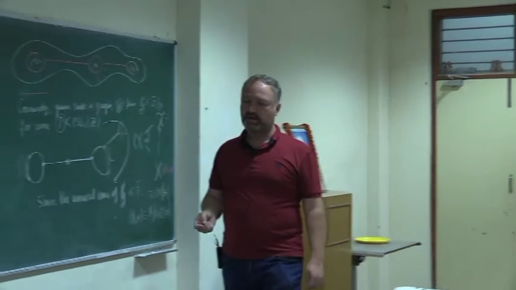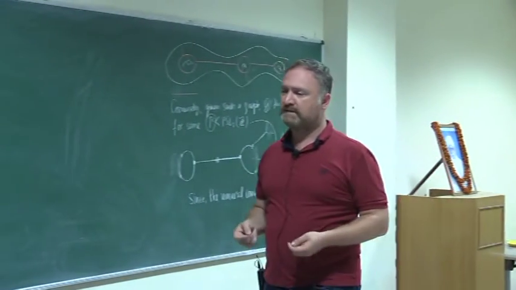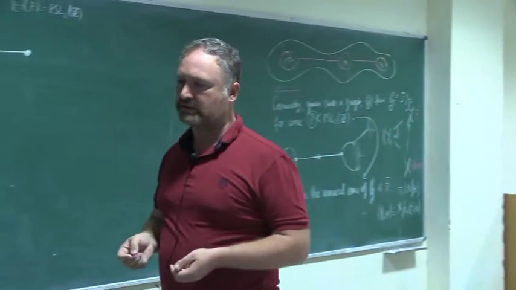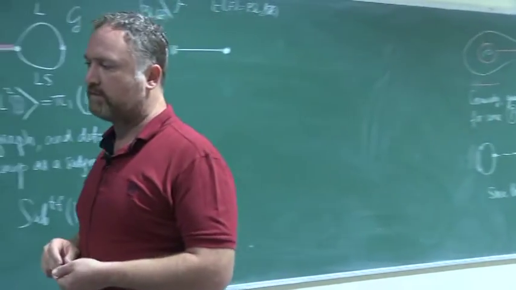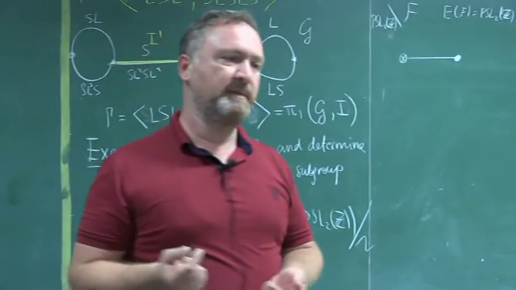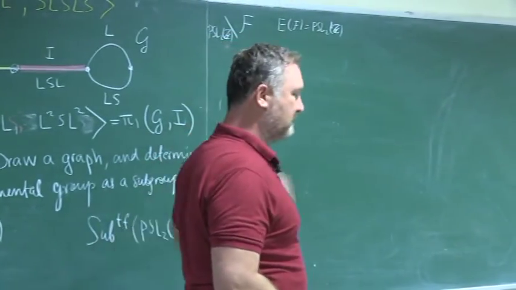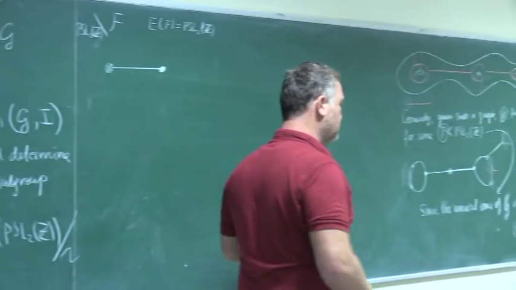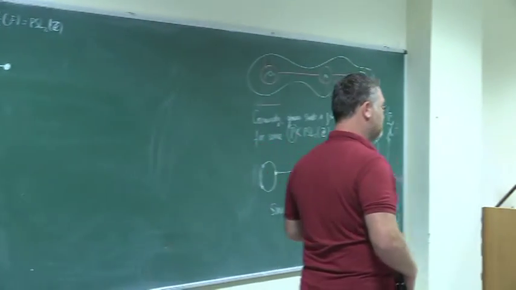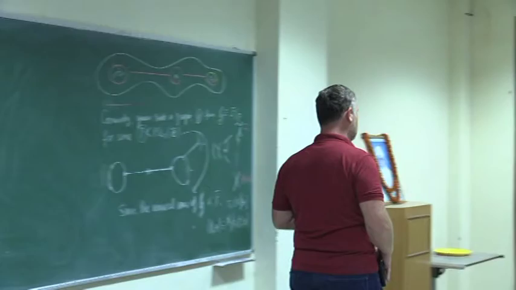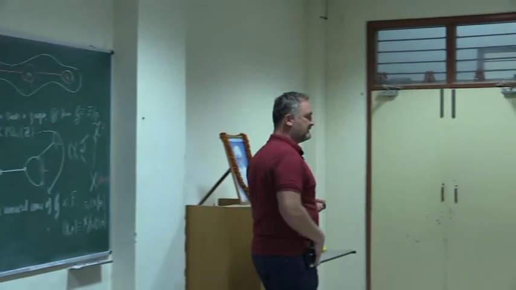In order to do that, I have to extend my notion of a topological space, and there are several ways of doing this. For example, I can consider orbifolds. I can consider this as a one-dimensional orbifold and study its coverings. Another way of doing this, which is much more technical, is to use algebraic stacks.